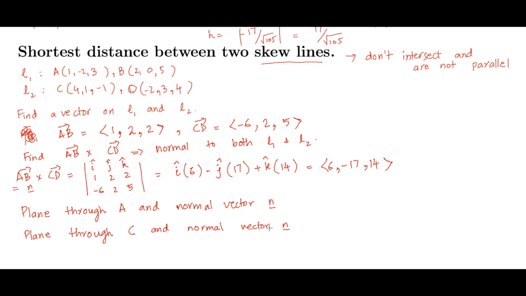Why? Because their normal vector is the same and they pass through different points. Do you agree? Because the normal vectors are the same and they have different points, therefore they should be parallel. And then it's also easy. So let's say this is my plane P1 and this is my plane P2.